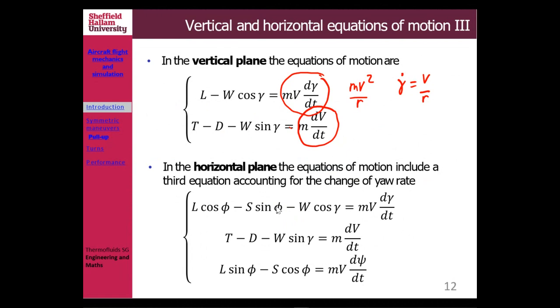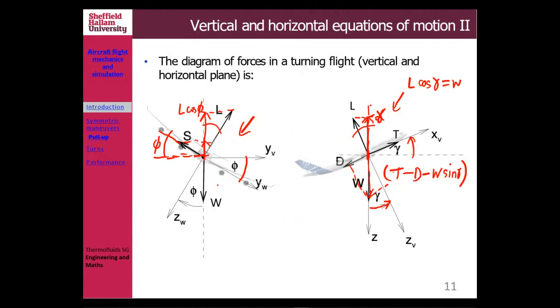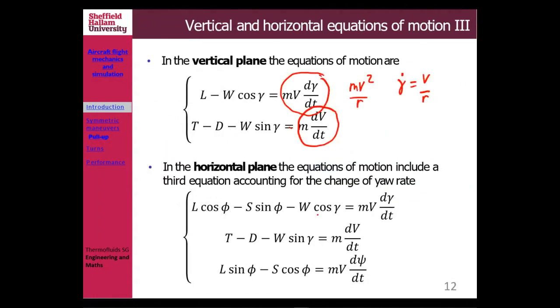So you have only one particular weight component, which is W here. So you could consider that as L cos phi minus S sine phi, which equals minus W, the weight, is mv d gamma dt.